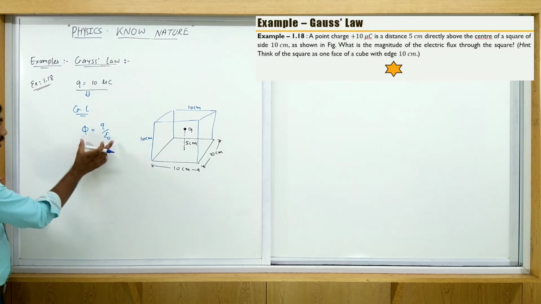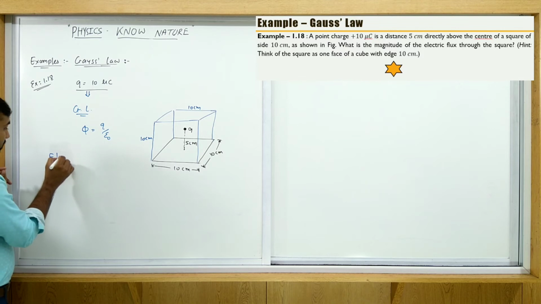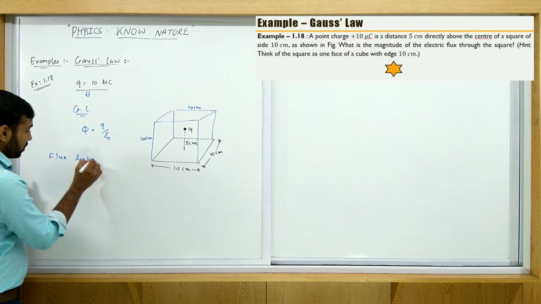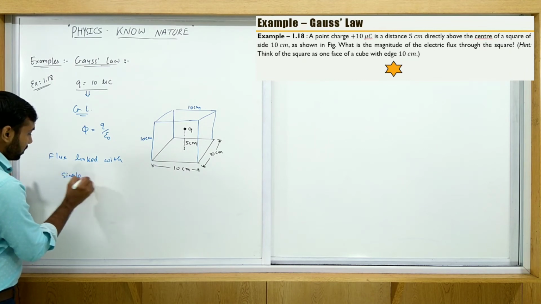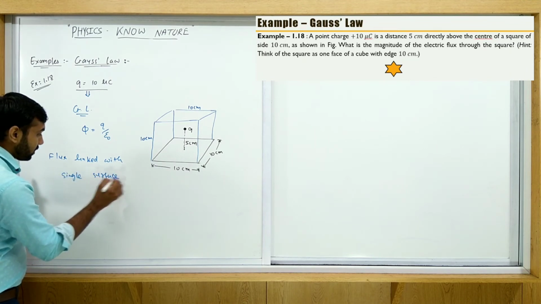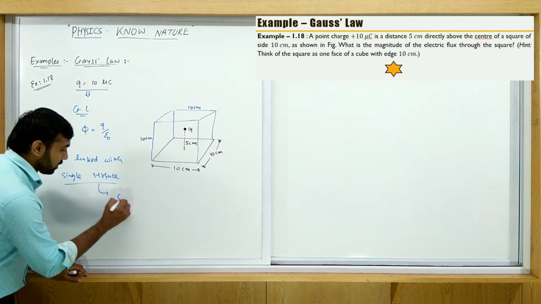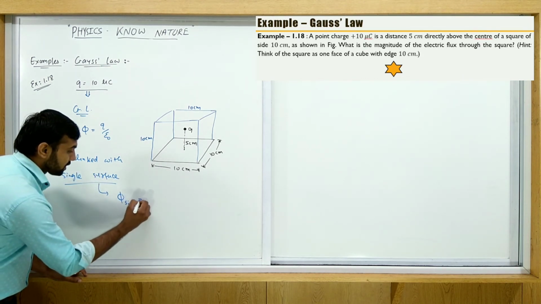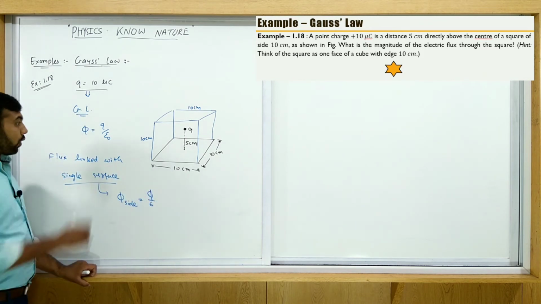Okay, so that is the total flux. So what is the flux linked with a single surface? The flux linked with a single surface is given as φ one side is equal to total flux upon 6. What is total flux?